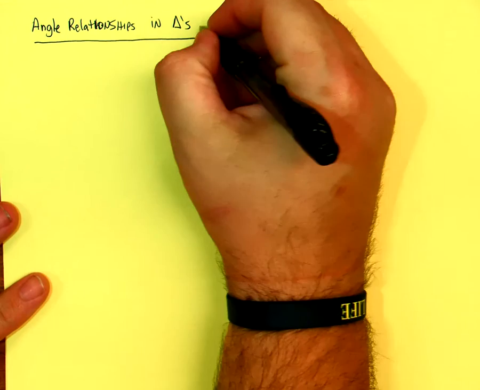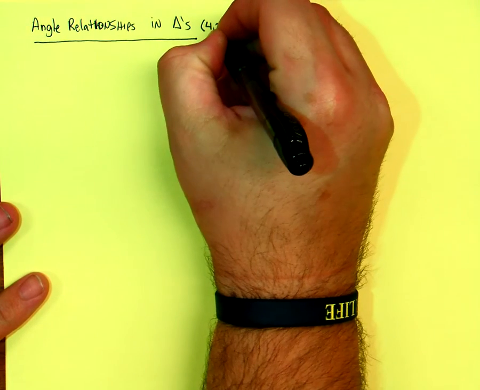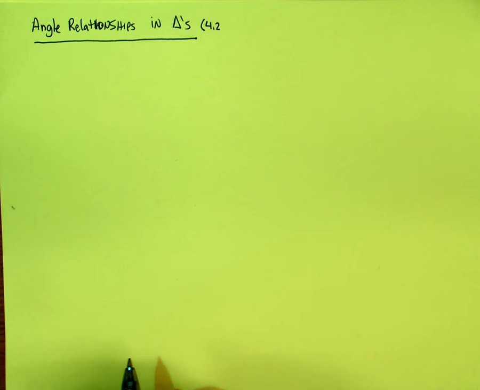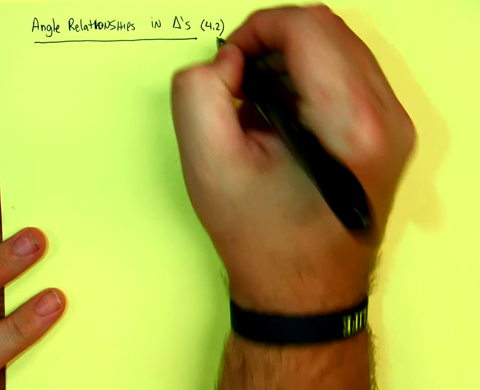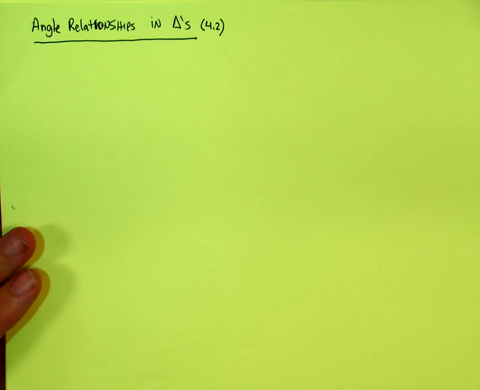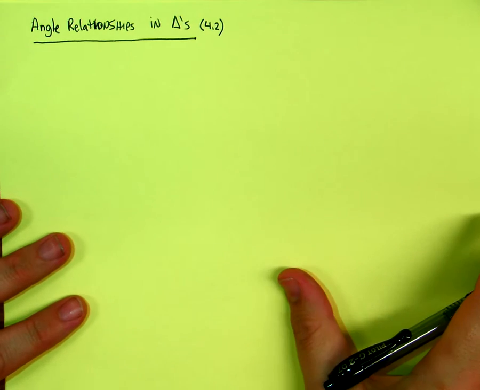You can think of this as being in 4.2, but there's also a little bit from like 4.7, 4.8. So if you're looking at a specific section, 4.2 is where we're going to start from.